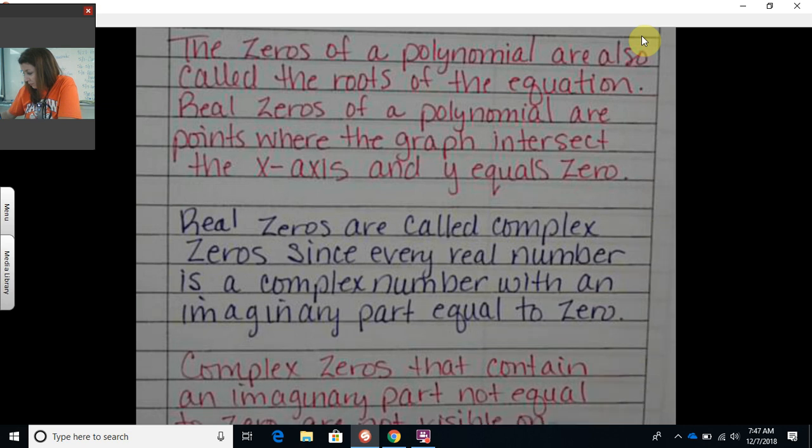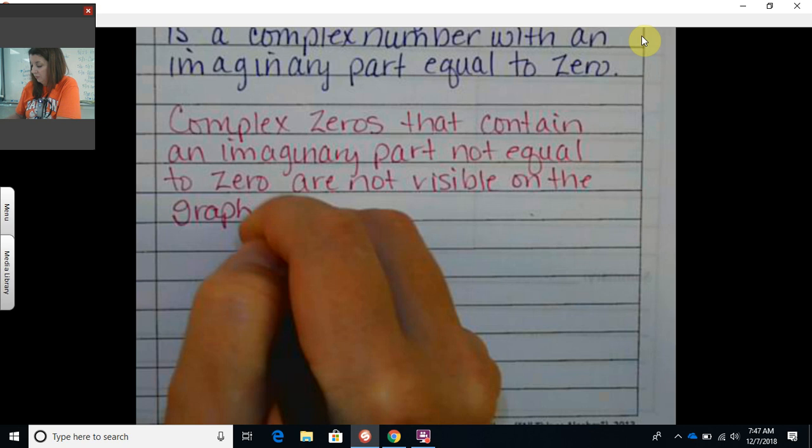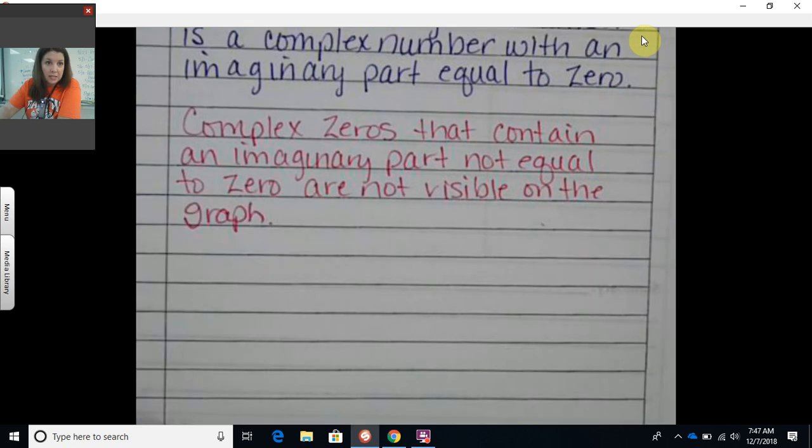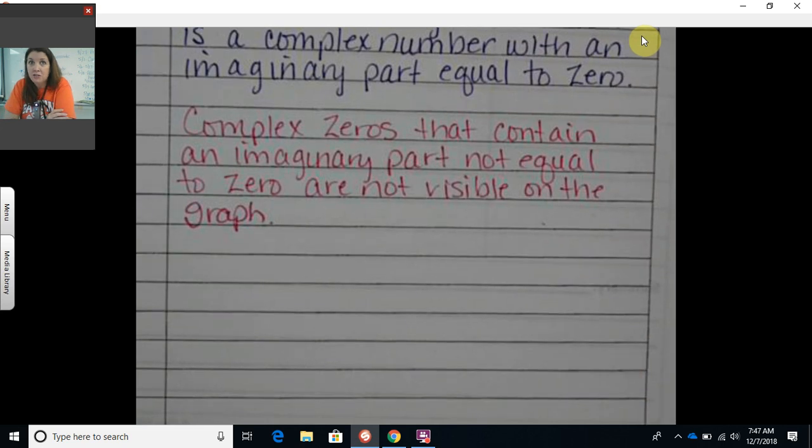So it's saying if you have a complex 0 and the imaginary part is not 0, but it's like 4 plus 3i, that kind of complex number, you're not going to see that root on the graph. So that's what you need to know about fundamental theorem.